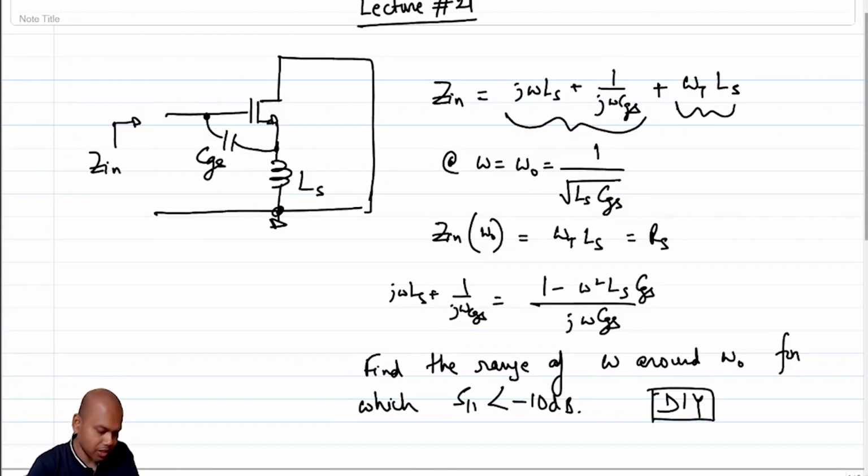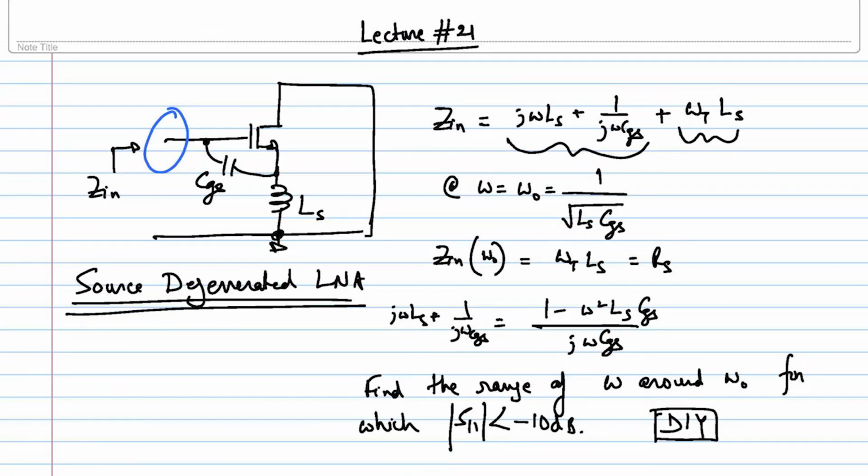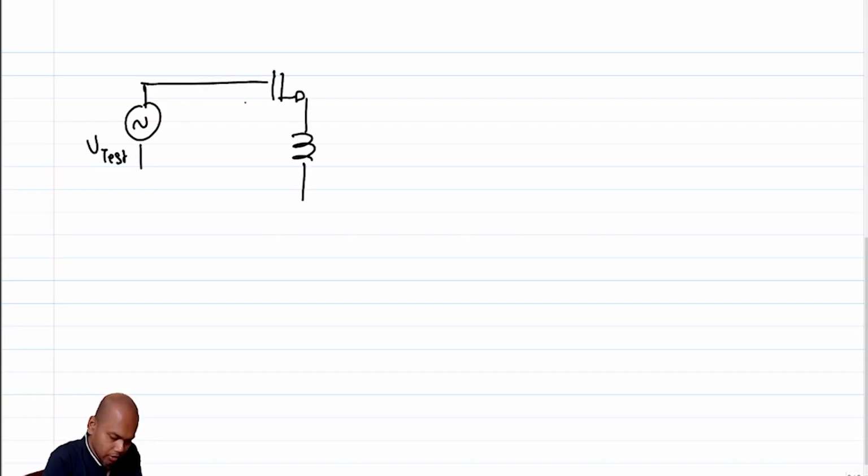So an option is maybe we see that we have not yet touched anything in series with this contraption, right? So how were we setting up the Z-in? We were evaluating Z-in by putting a test voltage, and this was our contraption.